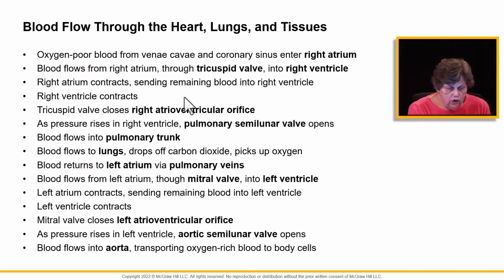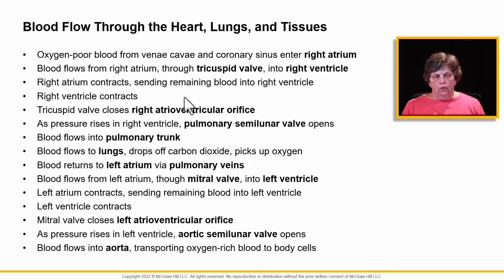From the right atrium, it goes through the tricuspid valve into the right ventricle. We'll talk about this: the right atrium contracts and sends that blood into the right ventricle, the ventricles contract, the tricuspid valve and also the mitral valve close, and the pressure rises in those ventricles and opens the semilunar valves.